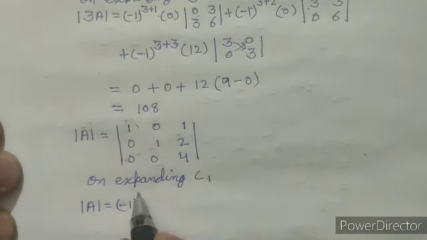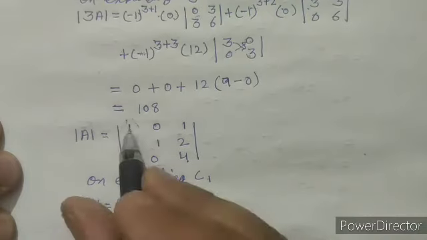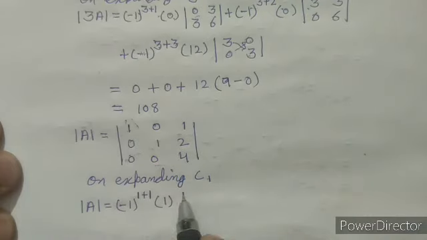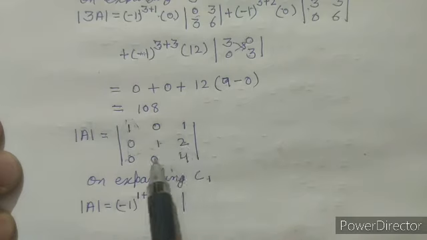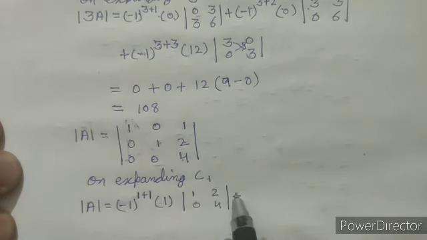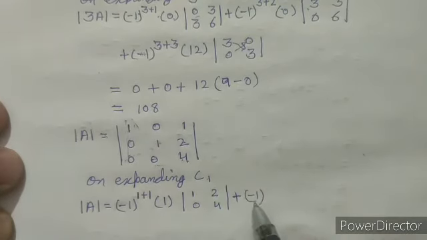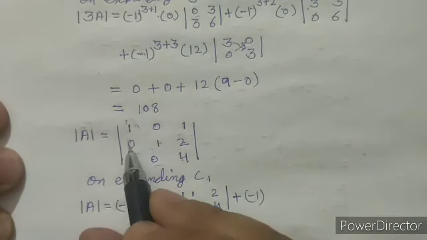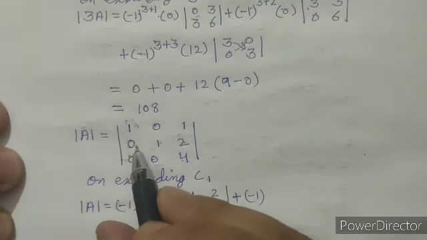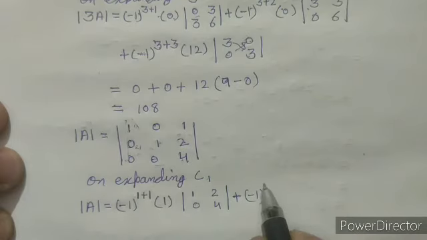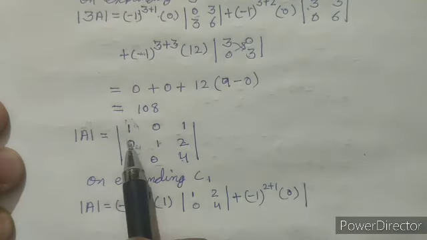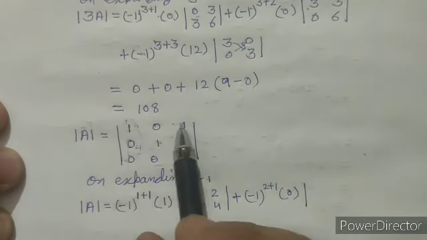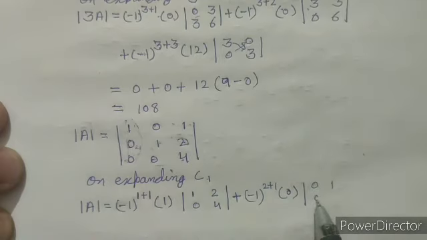This one is the row 1 column 1 element, this one into 1, determinant of 1 2, 0 4, plus, now minus 1 into the second element of column 1, that is a21, row 2 column 1 element, minus 1 raised to power 2 plus 1, into 0 into determinant of 0 1, 0 4.